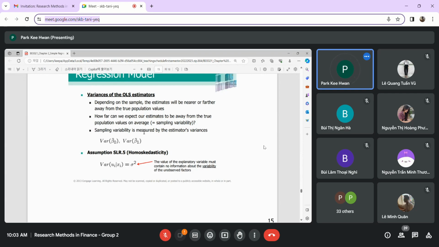In other words, we are talking about the variability: how much variability is there, how far away from the true population value?